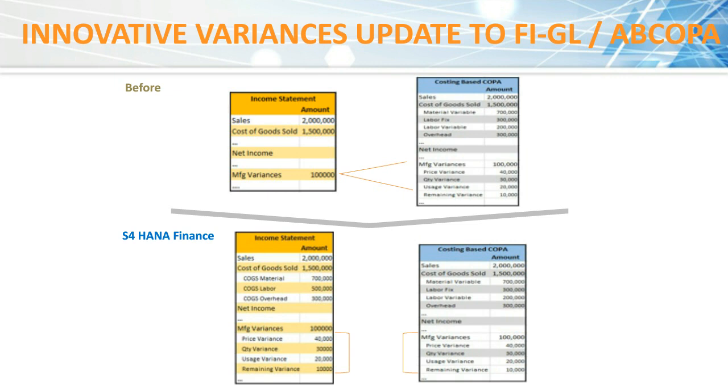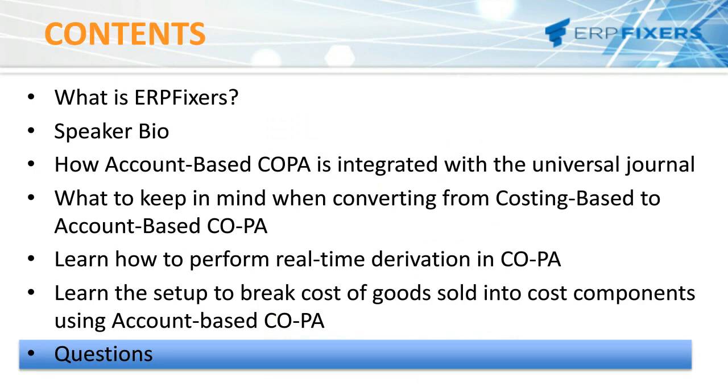But in the costing-based CO-PA, you used to get it split in terms of the price variances, the quantity variances, the usage variances and so on. But now with S/4HANA, the same level of detail can be achieved even with the account-based CO-PA. So let us see how to achieve that.